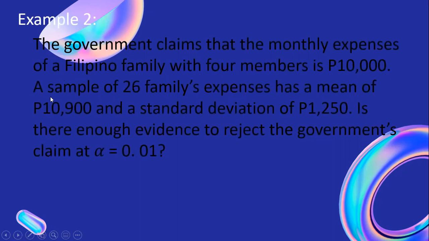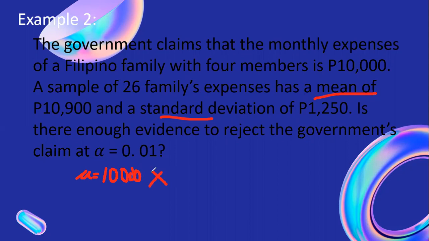So obviously, sabi, a sample of 26 families, a sample. So meaning, the values like the mean, the standard deviation, they all came from the sample. Okay? So meaning, ayan, listing down all the given, the population mean will be equal to 10,000, sorry.